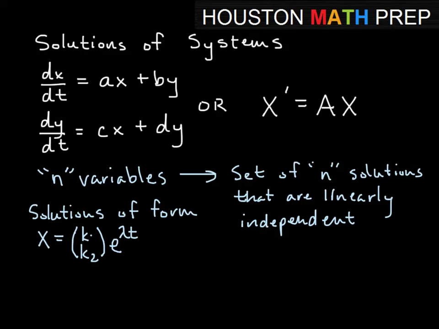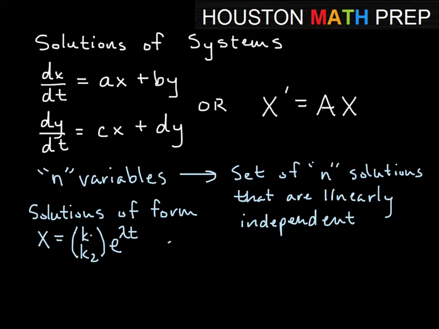When you looked back at the last one, we had, let's say, x was e to the 2t and y was 2e to the 2t, so they were both some multiple of e to some multiple of t.